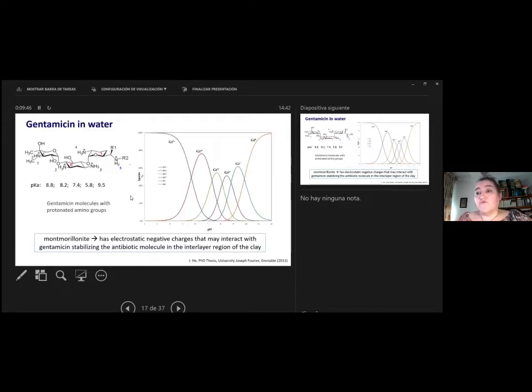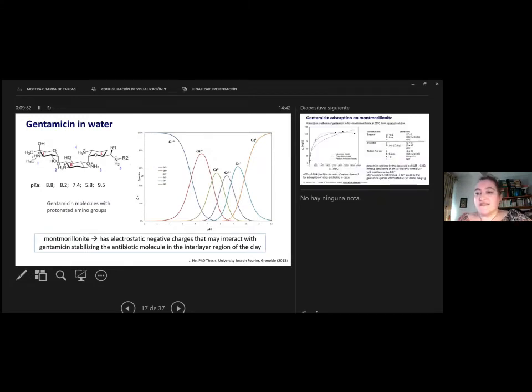However, we have to think about why we intercalate this antibiotic in the clay. Well, as I told before, gentamicin in water becomes protonated. There are several amino groups that can be protonated depending on the pH.